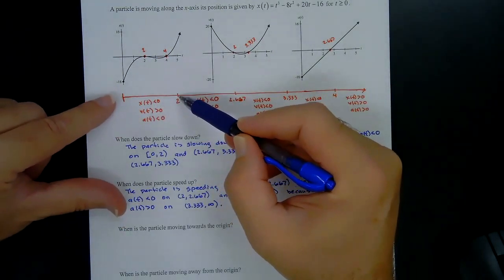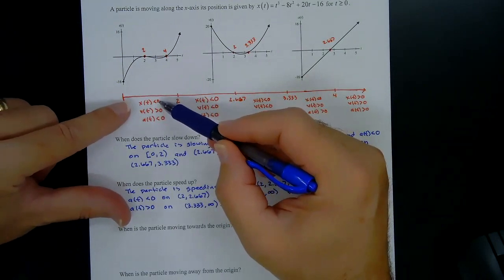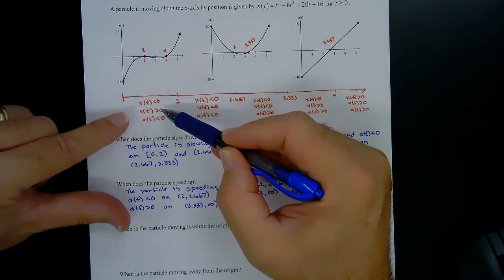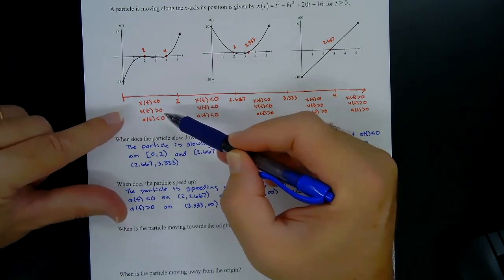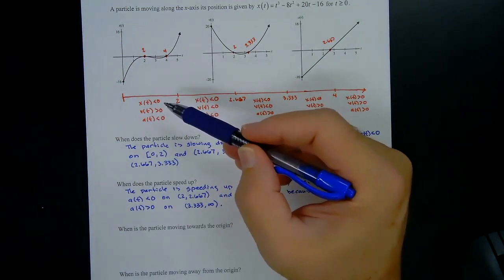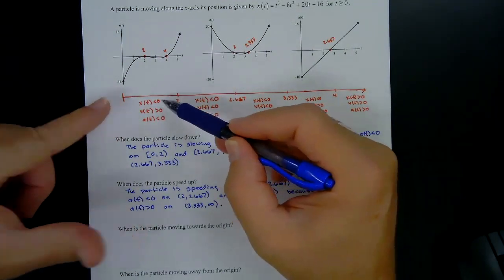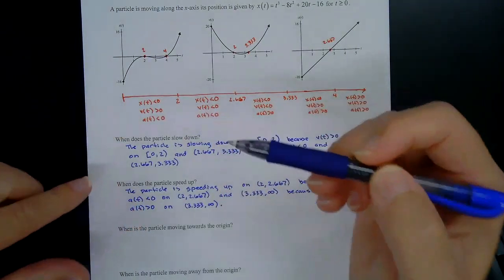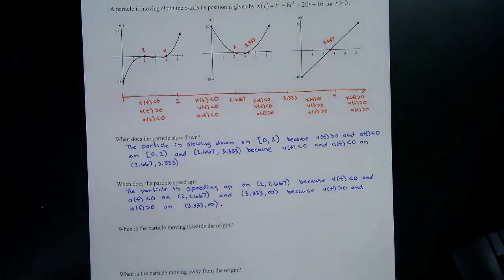From 0 to 2, we are on the left side and we are moving right. So we're moving towards origin. See, that's what I'm talking about. Like, did you see my hesitation right there? Because I'm thinking we're on the left side and we're moving right. Okay. So that means moving towards the origin. Okay.